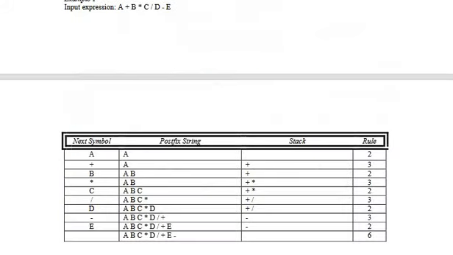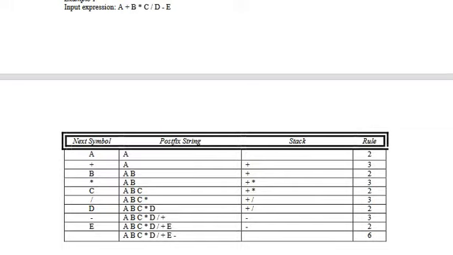Look at the input expression: A plus B multiplied by C divided by D minus E. Look at the table. You are scanning the input expression from left to right.